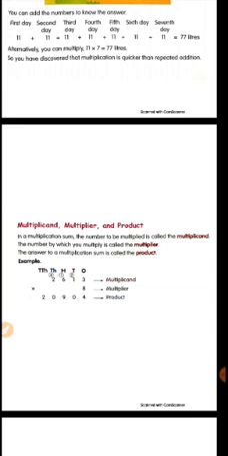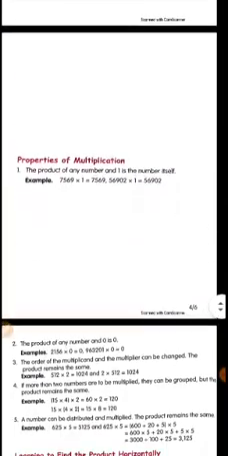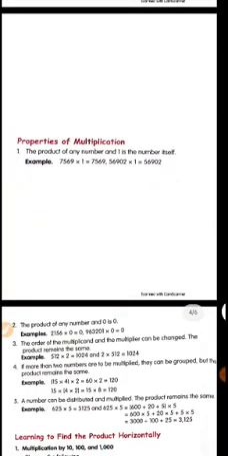The second number, 8, by which we multiply, is called the multiplier, and by multiplying both we get the answer. We call it the product, which is 20,904 here.